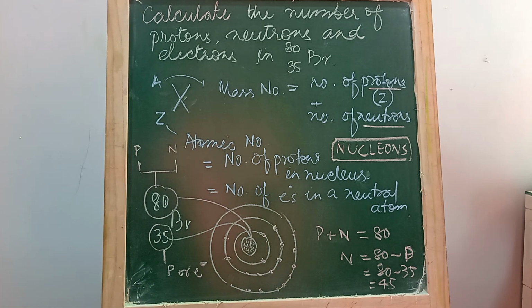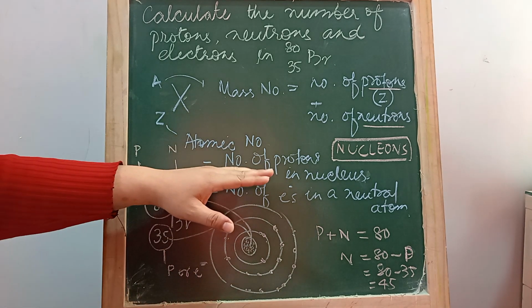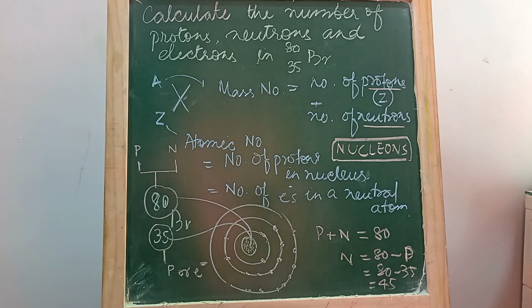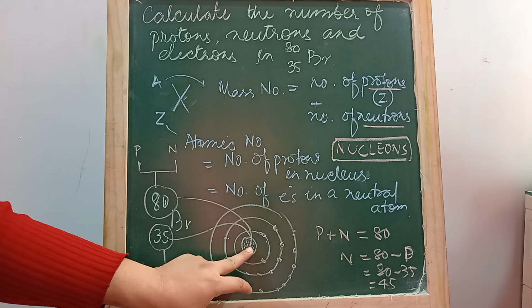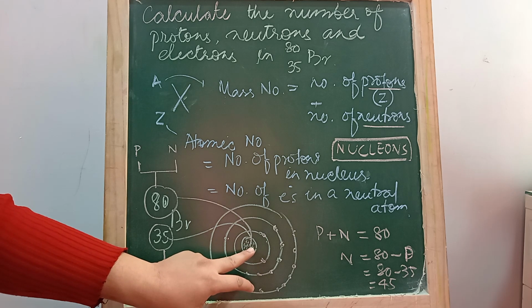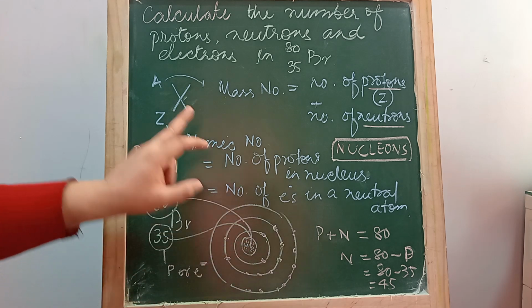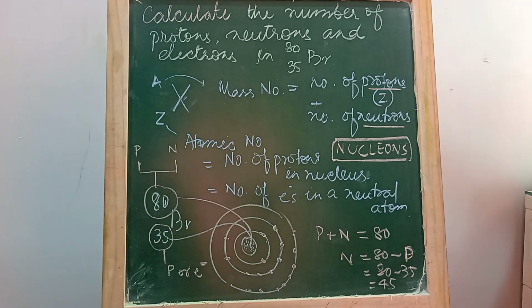Atomic number is the number of protons in the nucleus, right? So this is an atom. The number of protons in the nucleus is the atomic number of the atom or the element.